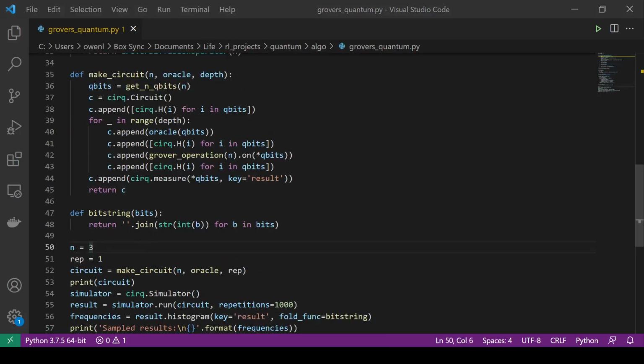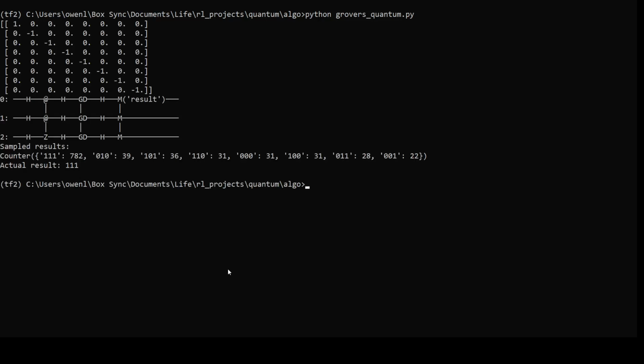So if I do this, let's zoom in a little maybe. Let's do Python. It'll take a second because it has to initialize everything.